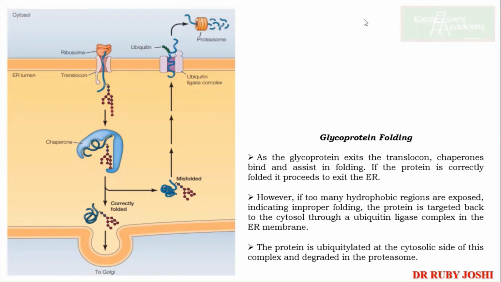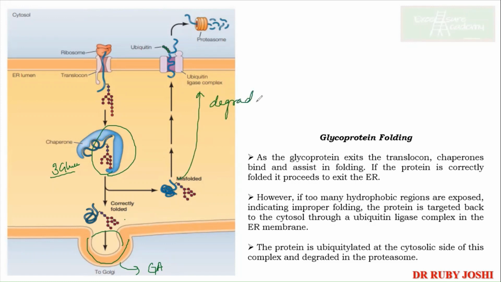It understands that the 3 glucose were already removed, so it helps in the proper folding of the protein. It gets correctly folded, is loaded in the vesicle and goes to the Golgi apparatus. If it understands that the glucose are not removed, or the protein is not properly folded, it is misfolded and goes to the ubiquitin ligase complex where the degradation happens. Clear? This path is clear?